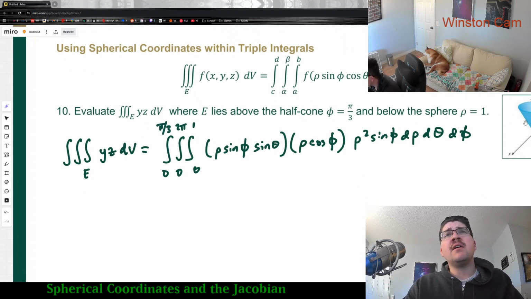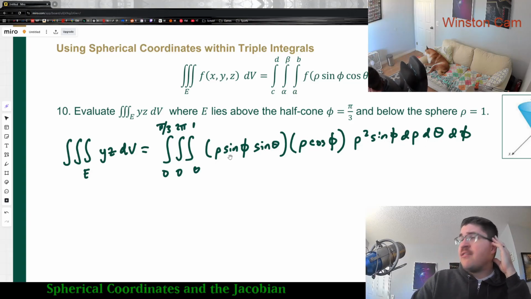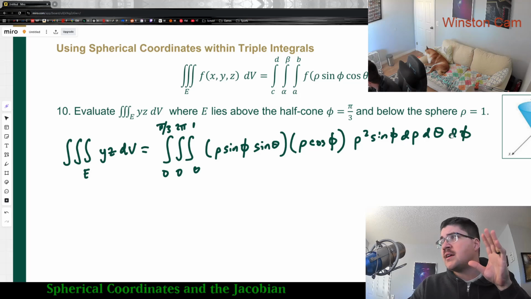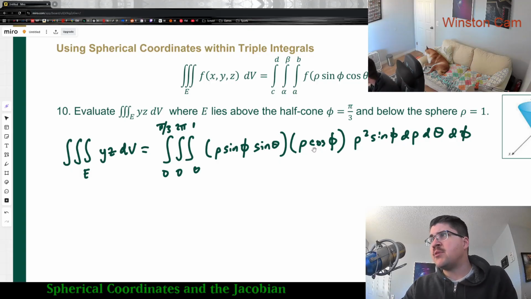So pretty long integral. But what's nice here is that we have a big series of components. And since this is actually a large product, we could separate these integrals into a product of three single integrals by the factorization theorem, which I know it's been a couple weeks since we actually looked at that.